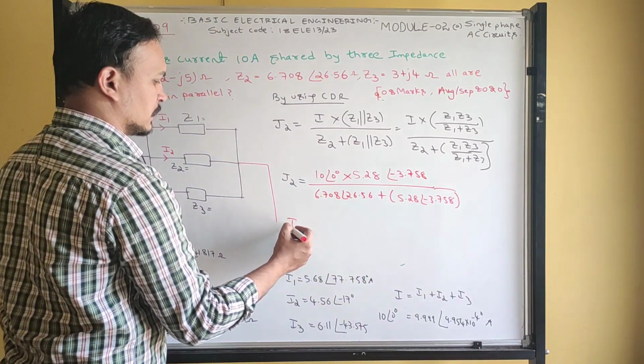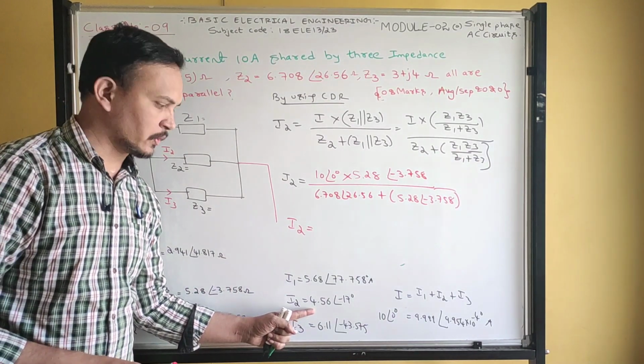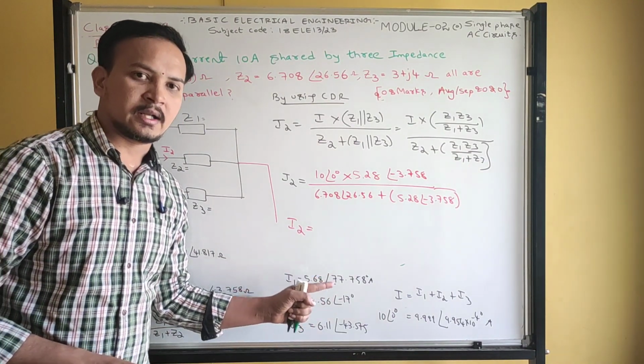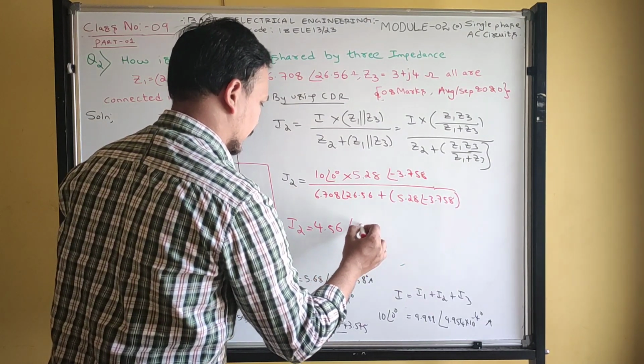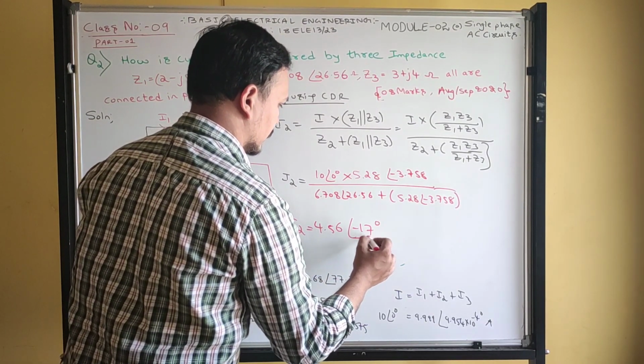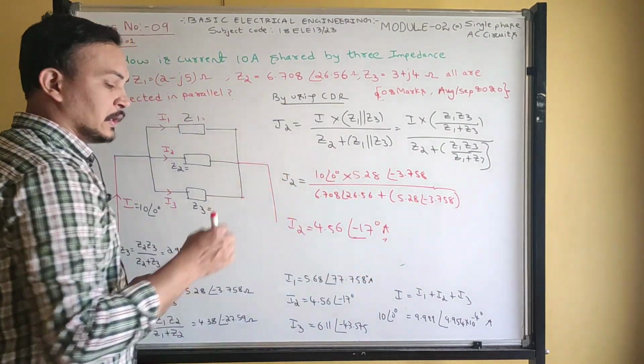Do this operation in the calculator, you will get this answer: 4.56 at an angle of minus 17 degree. Got it? This much ampere you will get as I2 current.